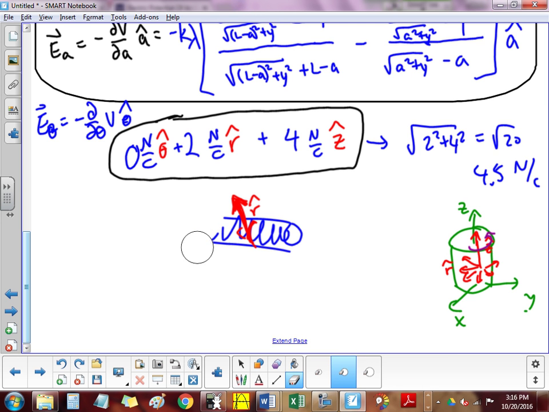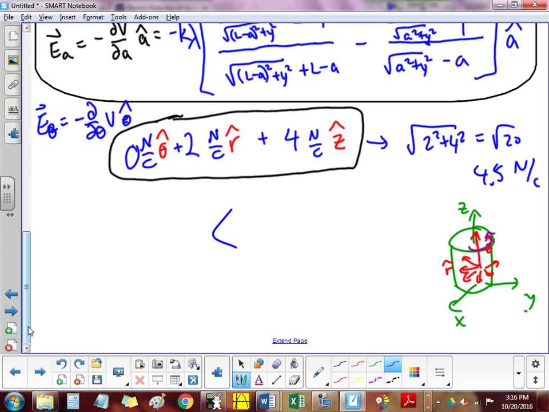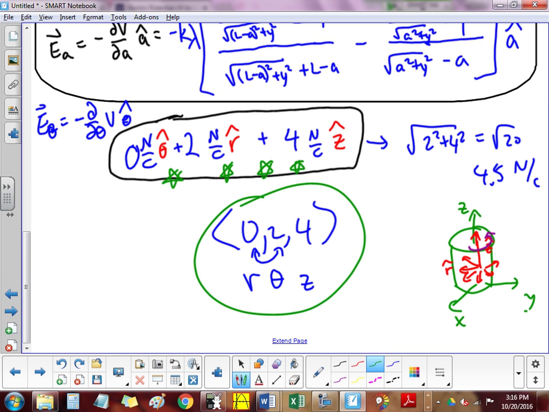So you can see why physicists probably would not want to use, you know, like 0, 2, 4. Somebody would just assume that those are x, y, and z. Also, we usually do it in the order r, theta, z anyway, so we would want to switch the 2 and the 0 around. So if you write it up here where I'm putting the green star, if you write it this way, no one's going to be confused. But if you try to write it like this, people are going to get lost.